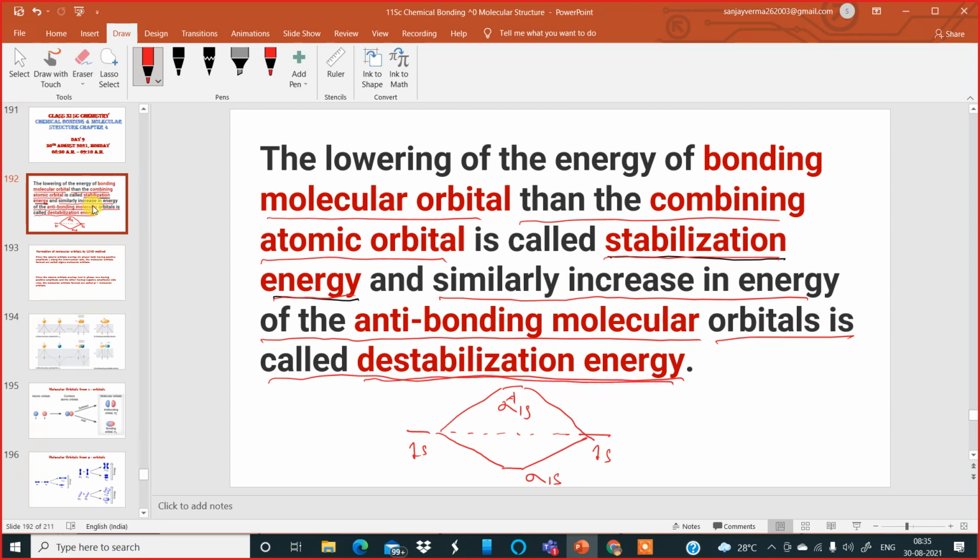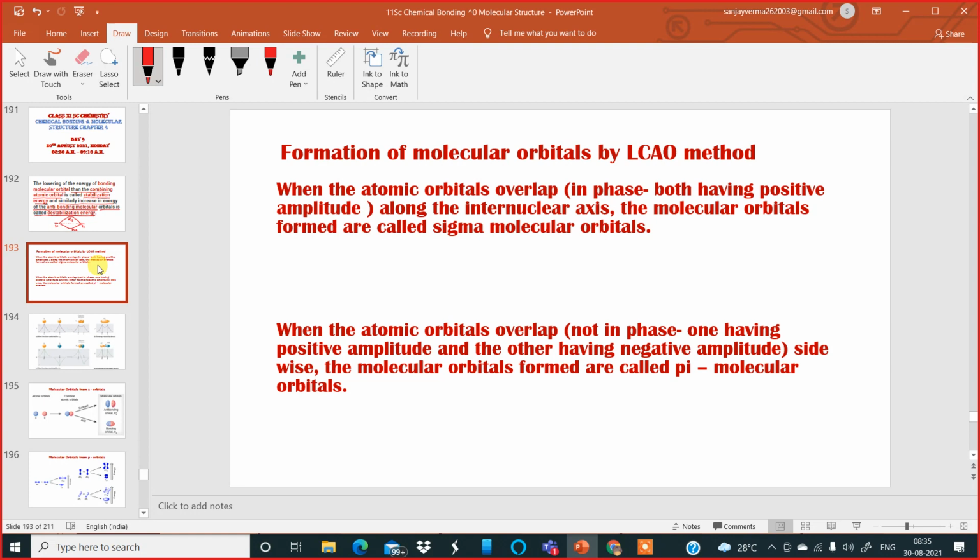Now moving to the next slide, formation of molecular orbitals by the linear combination of atomic orbitals method.